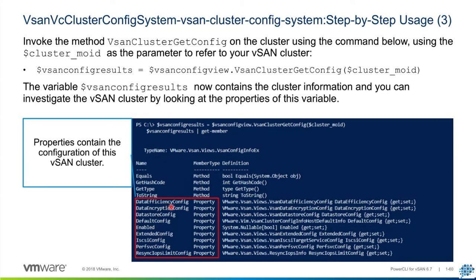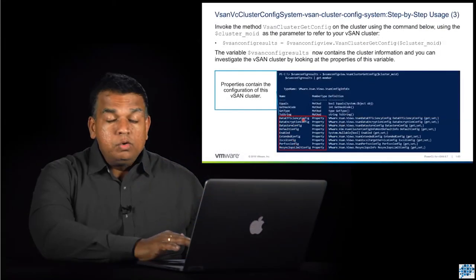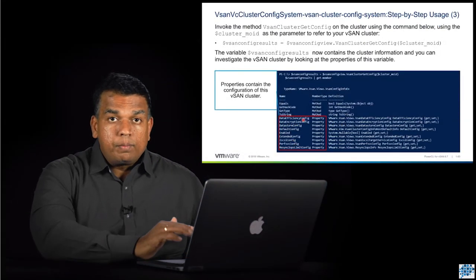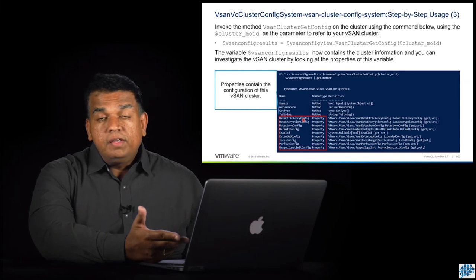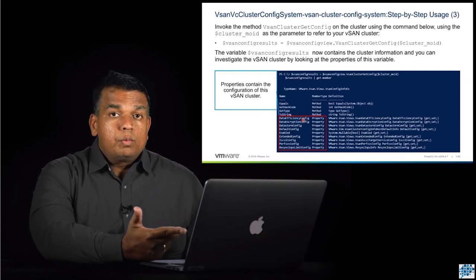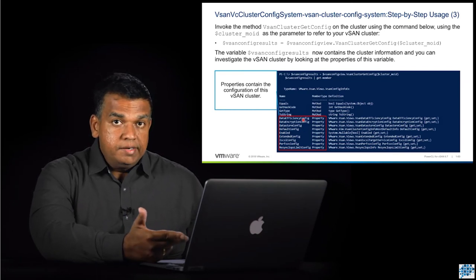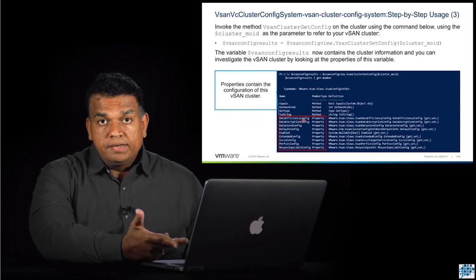For example, the data efficiency config, data encryption config, datastore config, default config, extended config, iSCSI config. Everything about the vSAN cluster is available in the form of properties. So once we know what the properties of this object are, it's relatively easy for us to pull out the information we need for our purposes.